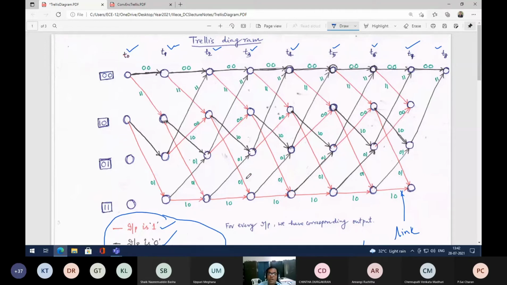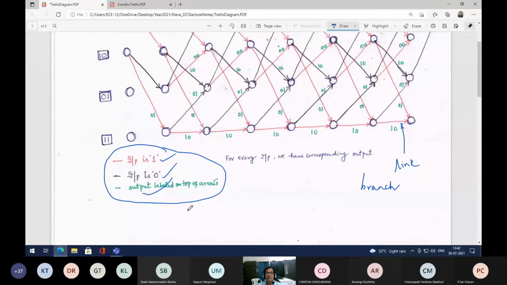Once it is over, the greatest advantage is this. Let us say my sequence, I'm writing here, uk1 and uk2.